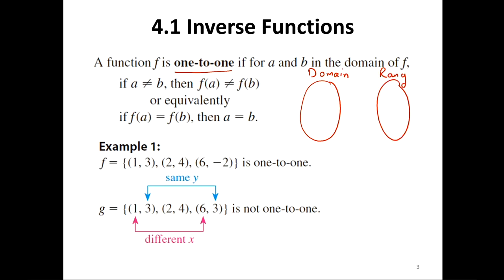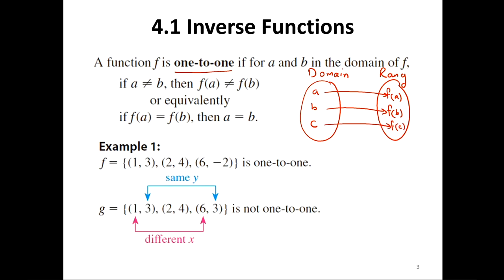Any point A or B or C in the domain has an image in the range, but different from another point or another value in the domain.